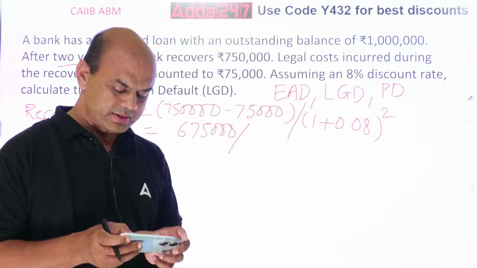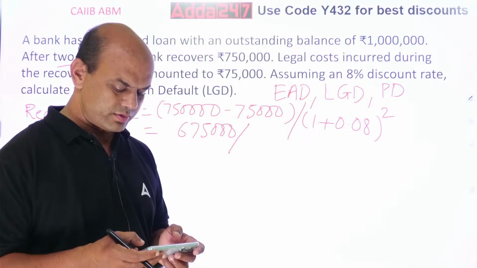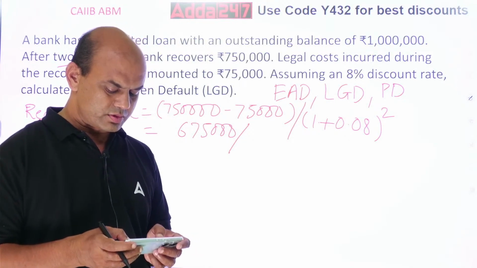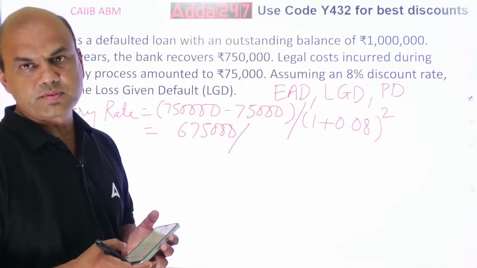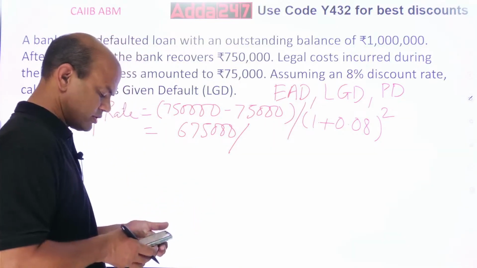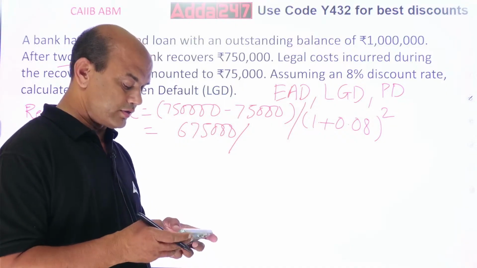So 1.08 raised to 2, right? Square. Oh, I have done cube. Raised to 2. Okay. So 3.24. Oh, no. Wrong. See, always be very careful.